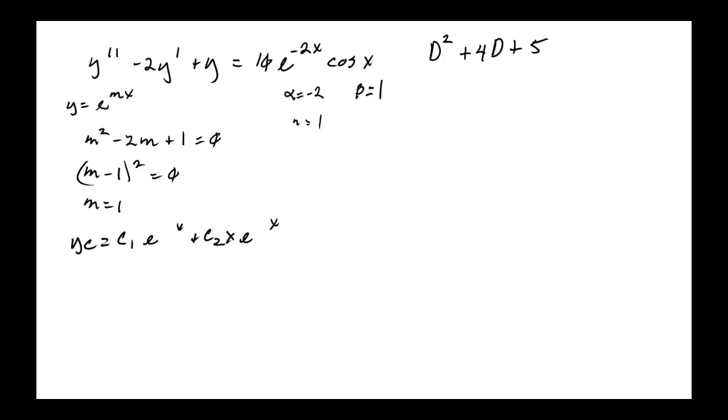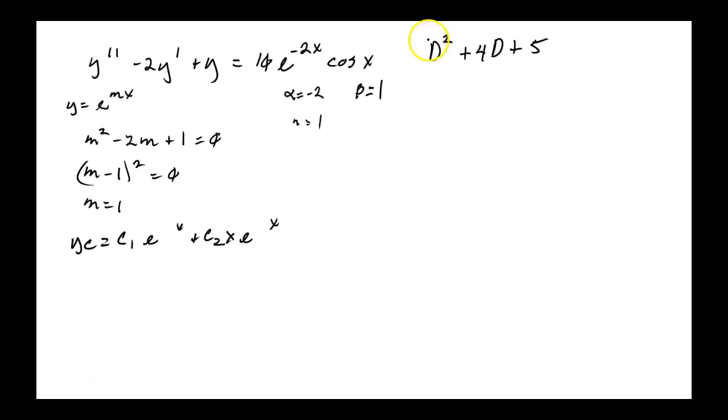Okay. Now, from what we had up above, we would know this annihilator operating on the right-hand side should give us 0. That's why we did it.